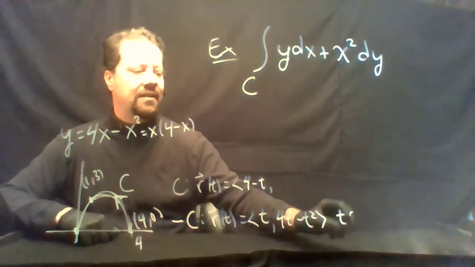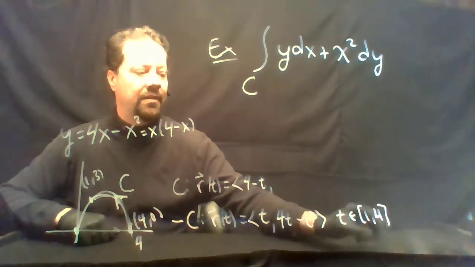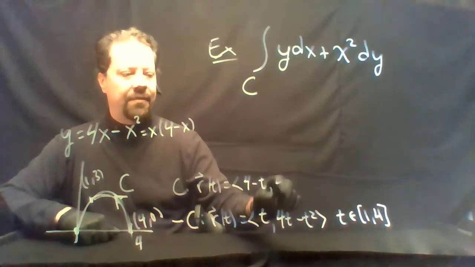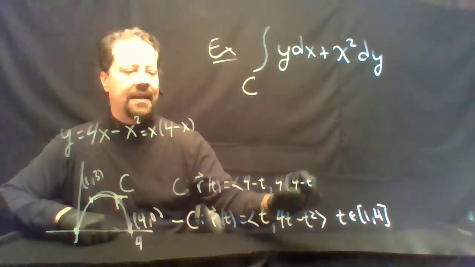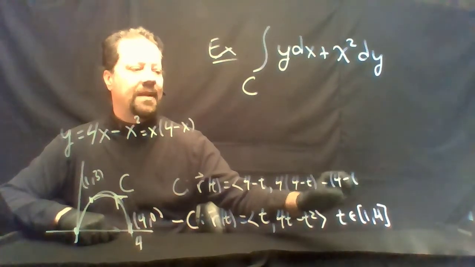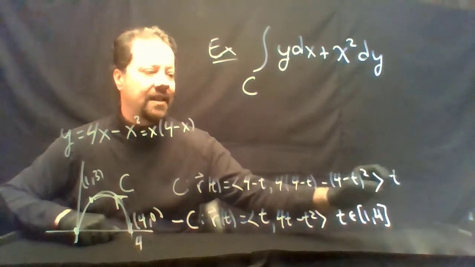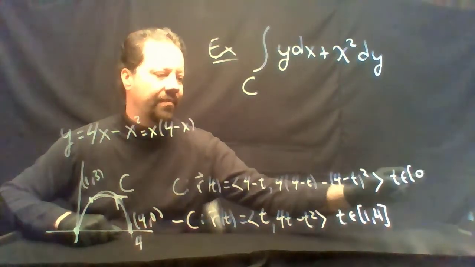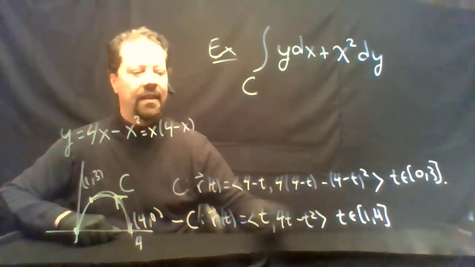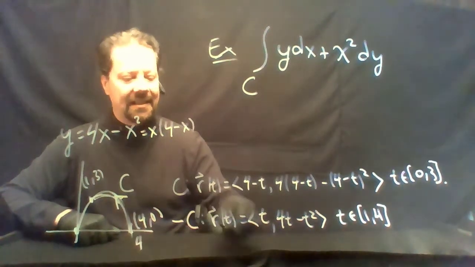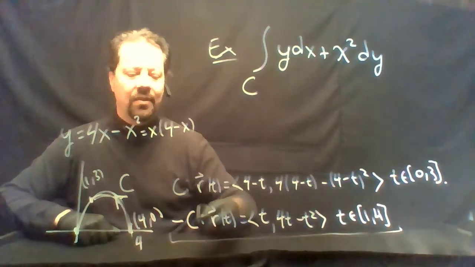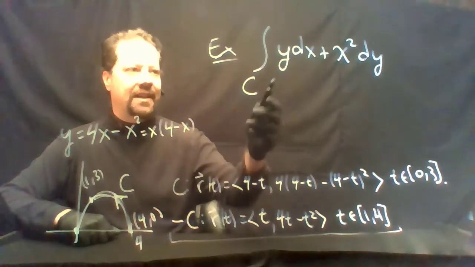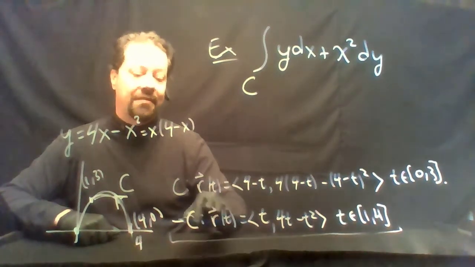On the first one, t goes from 1 to 4 on the x. Here you'll have 4 times 4 minus t minus 4 minus t squared, and t will run from 0 to 3. I don't know about you, but I kind of like this parameterization better. The only thing is it has the wrong orientation, but we can fix that by, instead of integrating C, we can put minus the integral of minus C.